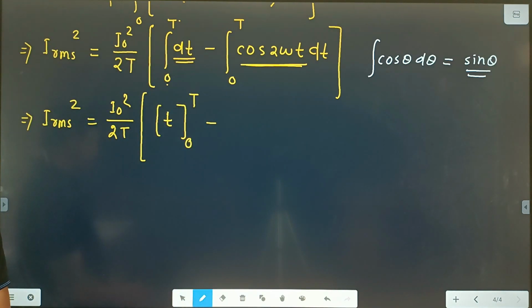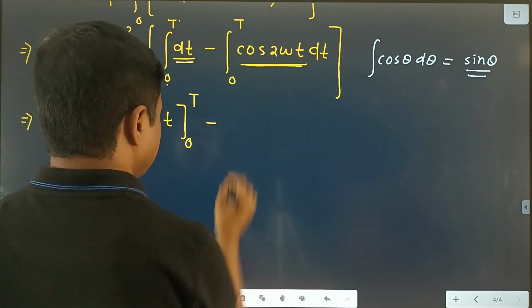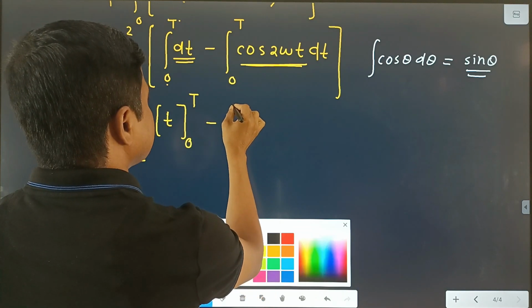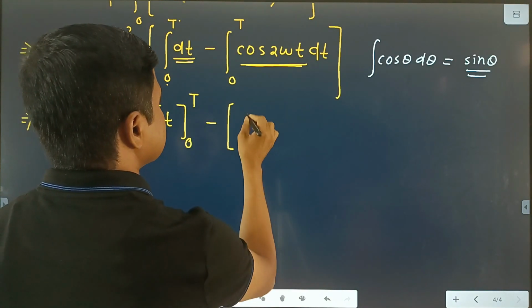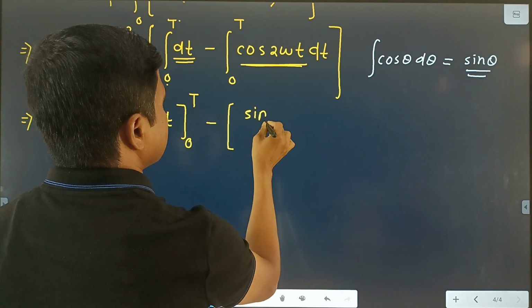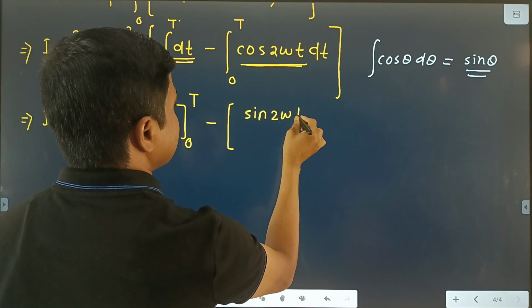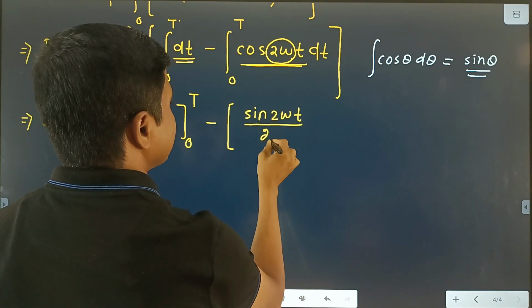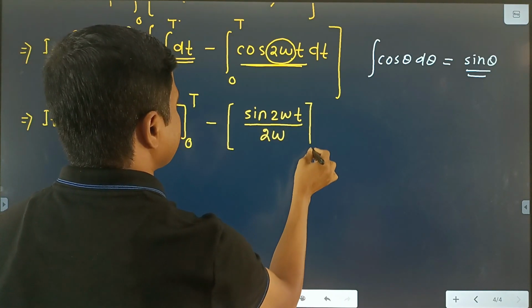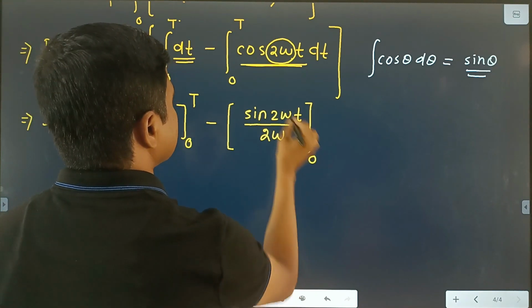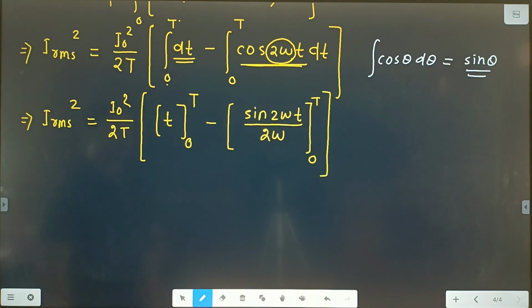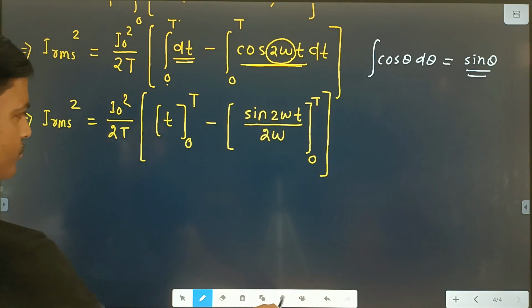And here we put this formula, so the equation becomes integration of cos 2 omega t, that is sin 2 omega t, here 2 omega is the extra, so we divide by 2 omega, and the lower limit is 0, upper limit is capital T. Clear?